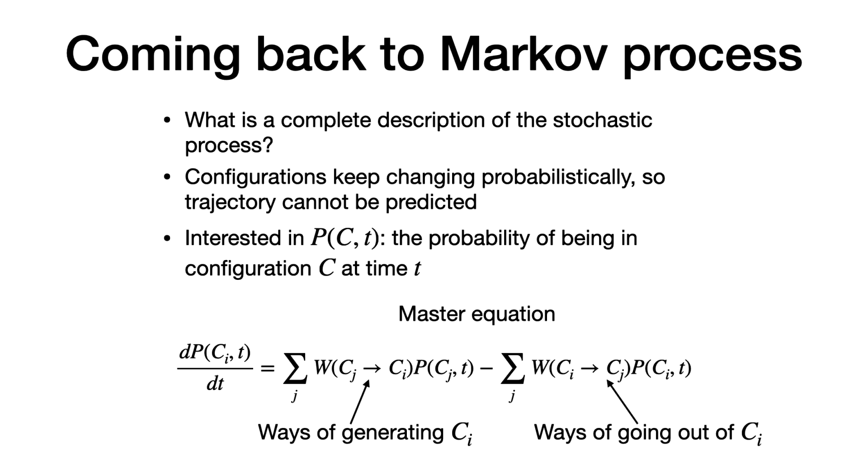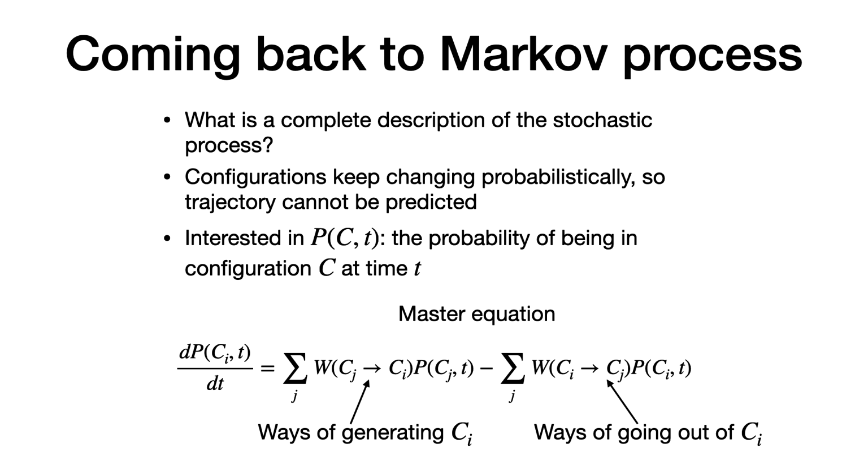Now, when I evolve the system by dt, some of them will go out of Ci, but some will come into Ci from some other configurations. It was not originally in Ci, but from some other Cj it may come in. If it comes in, the probability increases. If it goes out, the probability decreases. So the way it increases is the rate of coming from Cj, j not equal to i, times the probability that it was in Cj at time t.